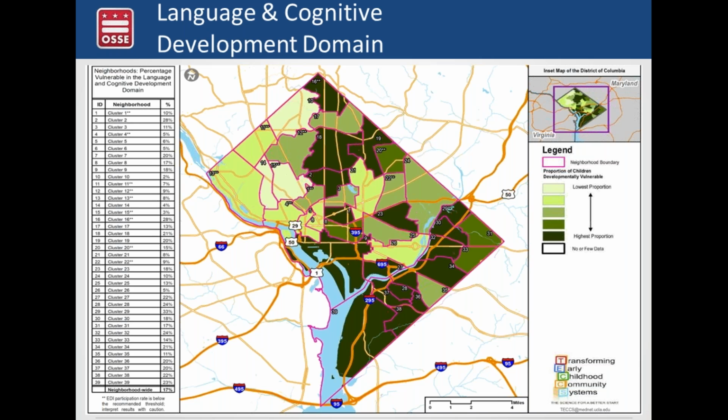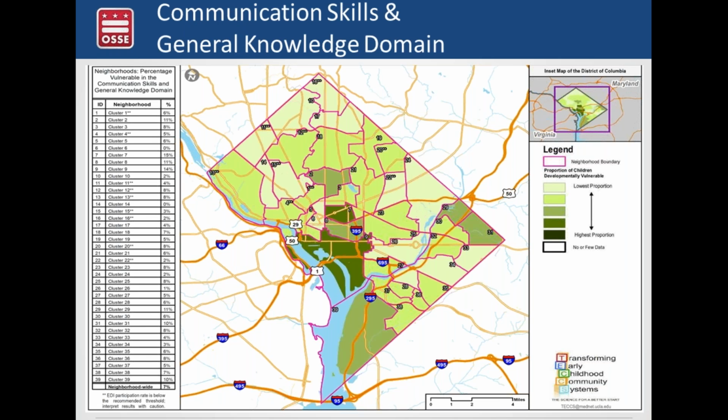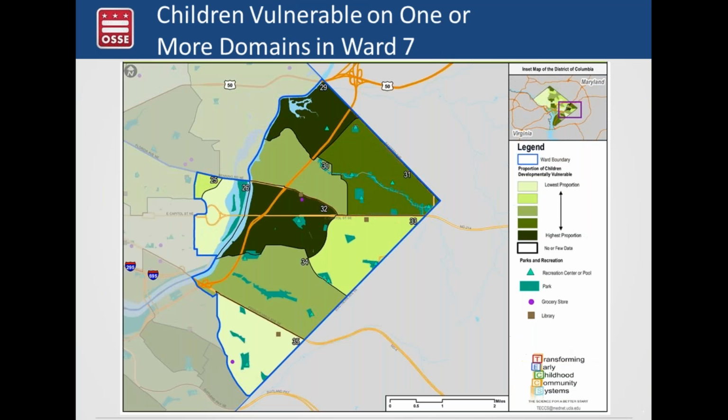Some of the patterns are similar in terms of having a large number of neighborhood clusters with higher need in Wards 7 and 8, but not exclusively. And you'll see in the next couple of maps, and you can go on, Darrell, that these are just a sample of maps. We are able to zoom in so that you can get a more granular look at different wards or neighborhood clusters.